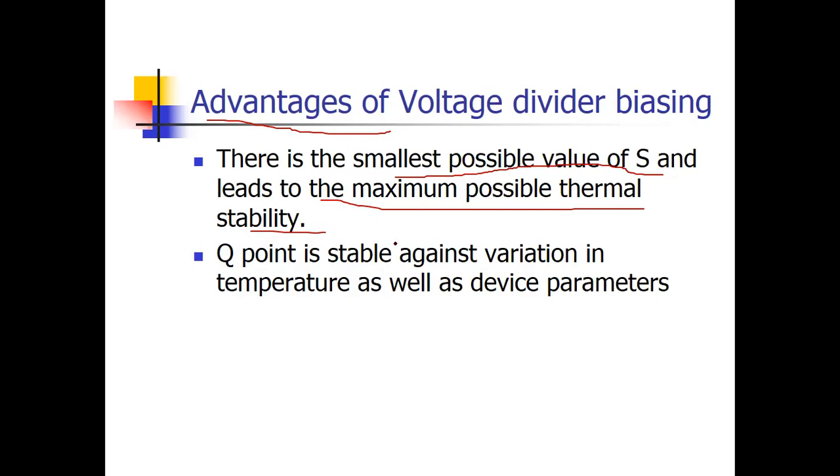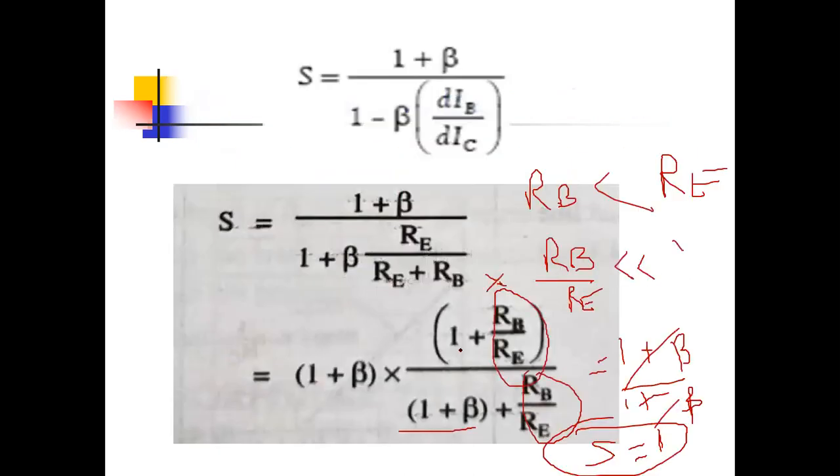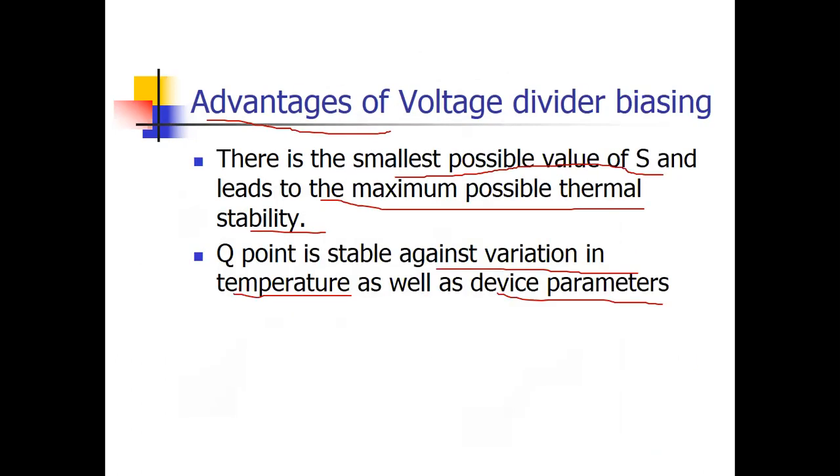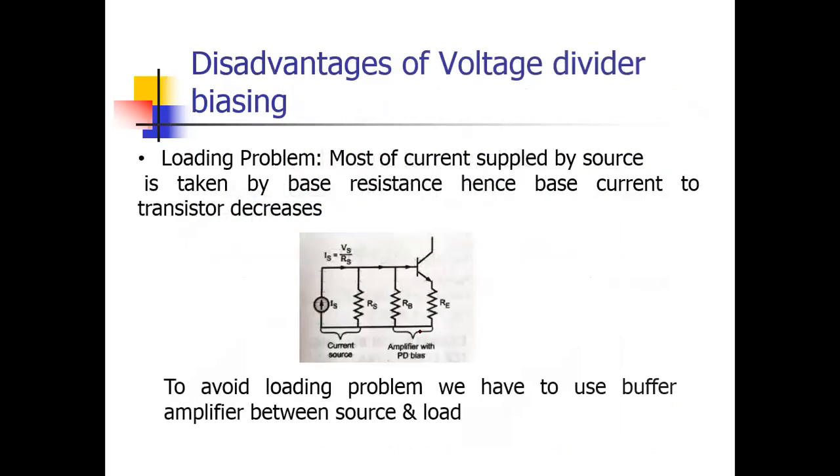And the second thing, the Q point is now stable against variation in temperature or device parameter. Whenever temperature increases or decreases, beta increases or decreases, the stability will be fixed. Those are the advantages. So whenever we use any biasing, we should use voltage divider biasing only. This is the best biasing among all the biasing techniques of the BJT.